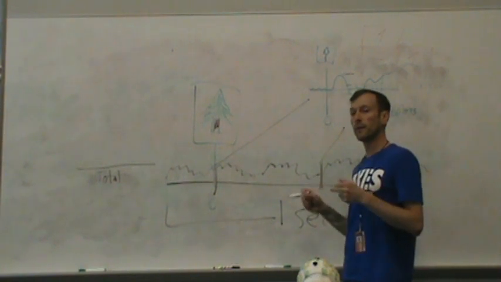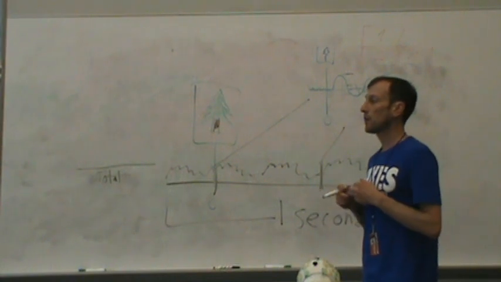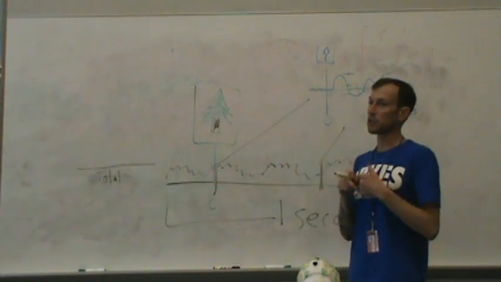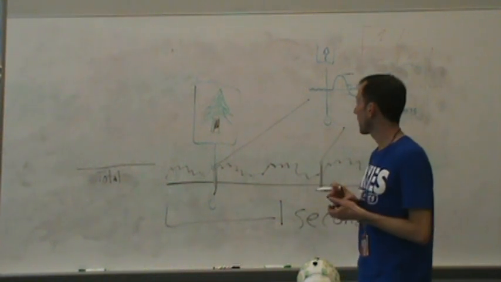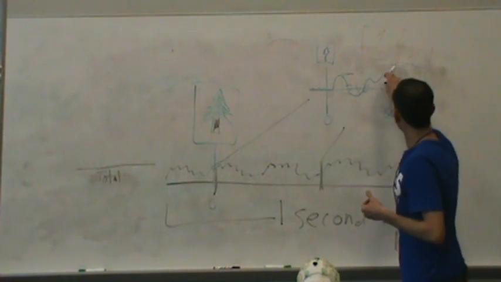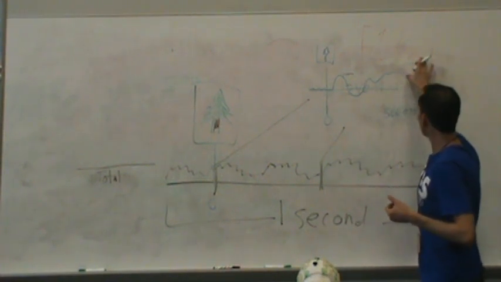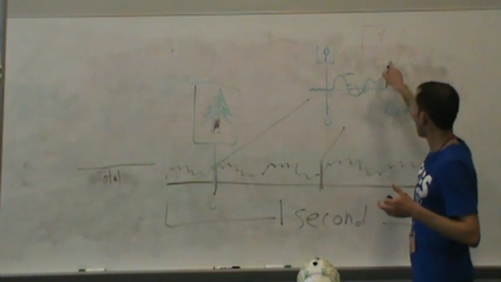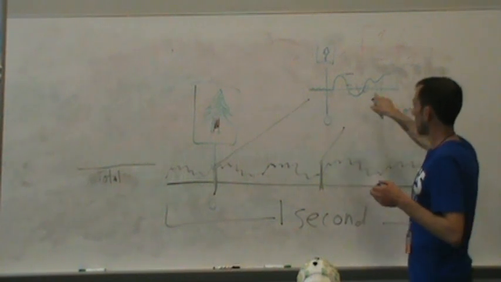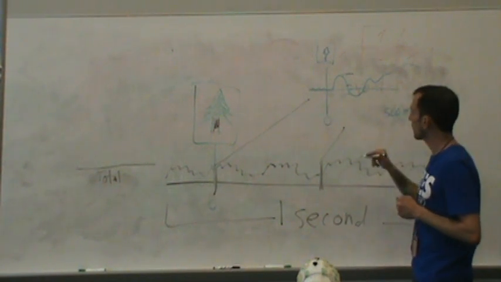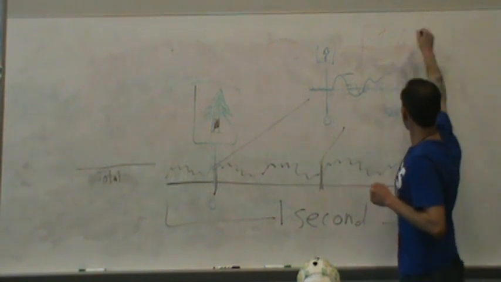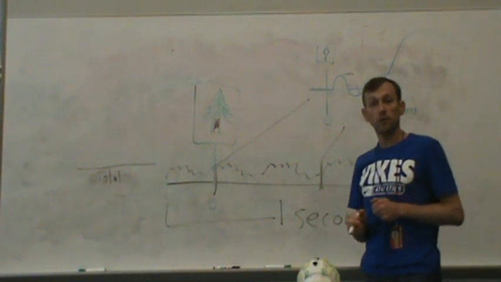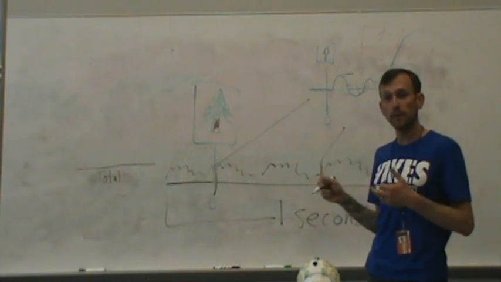So for example, if you were someone who had a very strong love or very strong hatred for some reason of trees, then you might see the big hump at the end here, which is called the late positive potential, since it's positive going up and it's late, occurring half a second after you see the tree. You might see a really big late positive potential, that crest, that component, be really big.